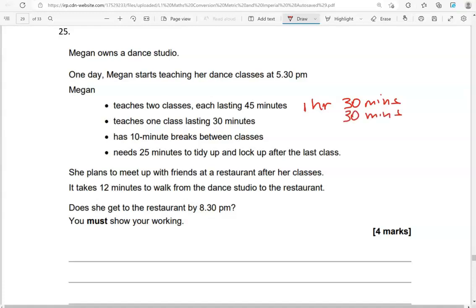It has 10-minute breaks between classes, so that is 3 classes in total, so that is 2 breaks of 10 minutes each, so that is 20 minutes. And then 25 minutes to tidy up and lock up, so we'll add 25 here. And it takes 12 minutes to walk from the dance studio to the restaurant.